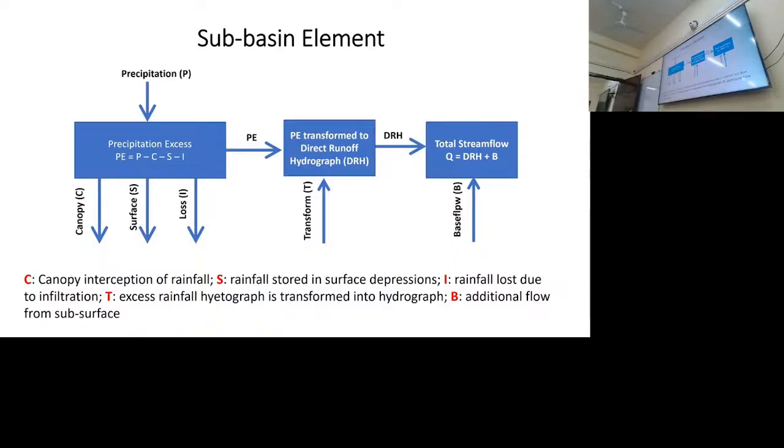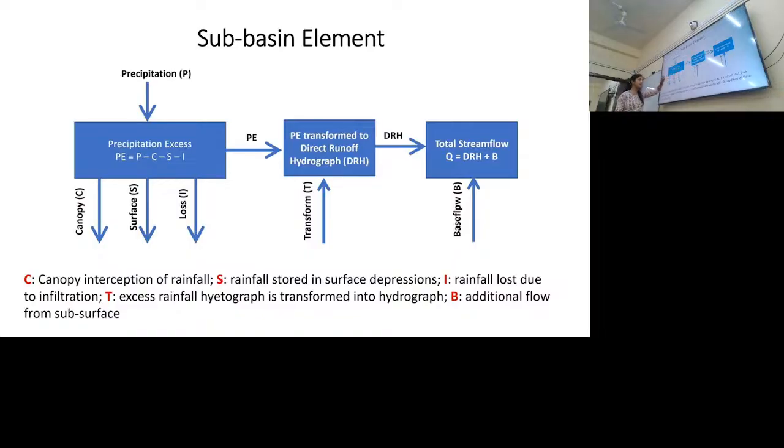You have the precipitation, then after satisfying all the losses, whatever is remaining is your excess precipitation, and it will contribute to the runoff.